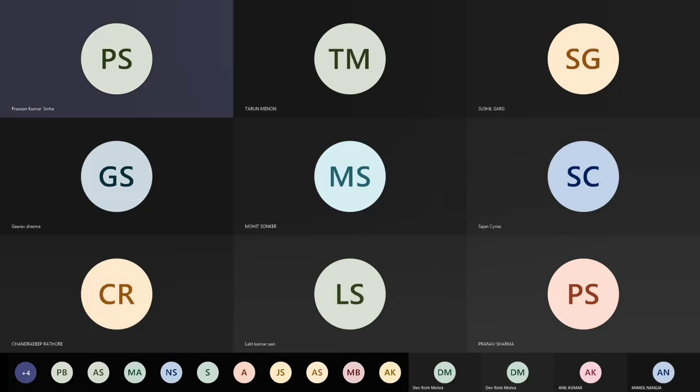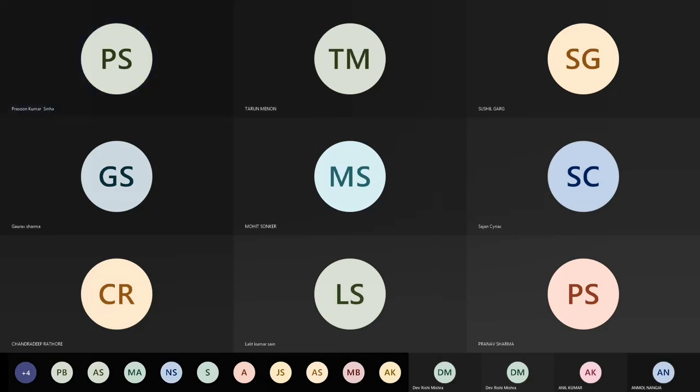So as we have already seen, again these are horizontal rods.